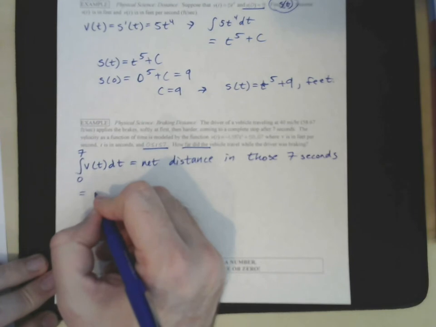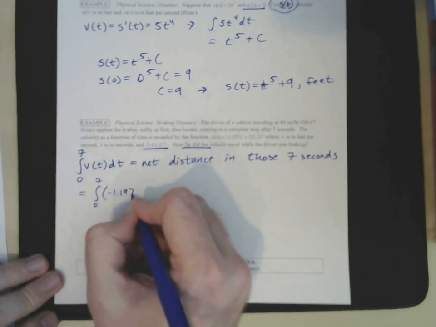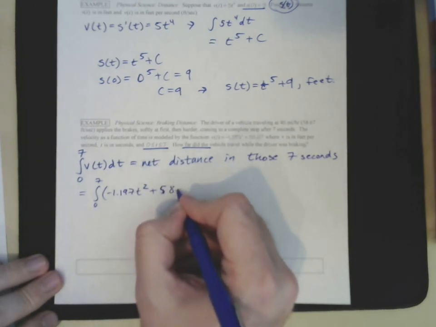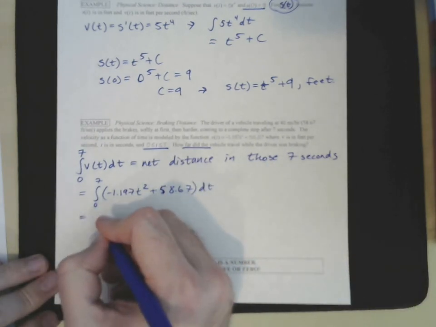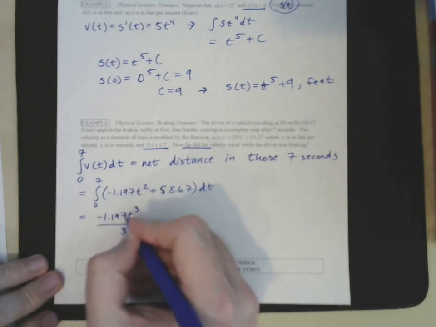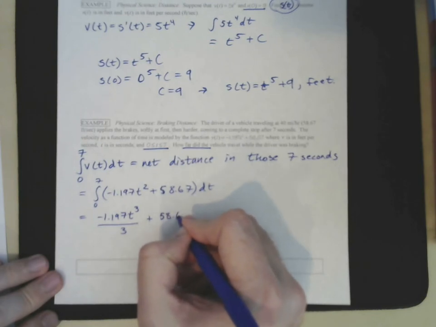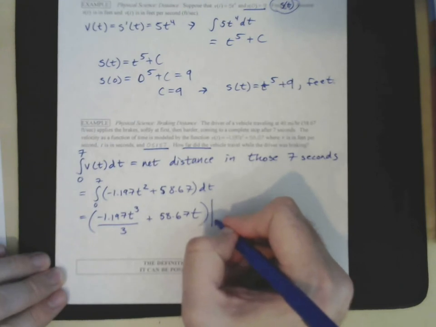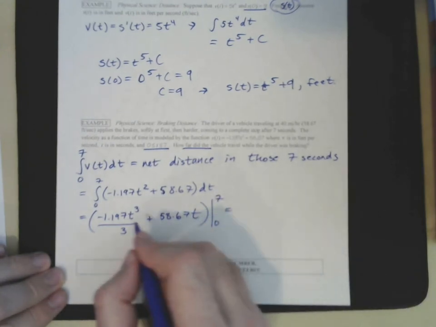So this is going to be the integral from 0 to 7, negative 1.197 t squared plus 58.67 dt. This is negative 1.197 t cubed over 3. It's the antiderivative of this. And then plus 58.67 t. This is going to get evaluated from 0 to 7. Since it's a 0, you may have noticed the trend.